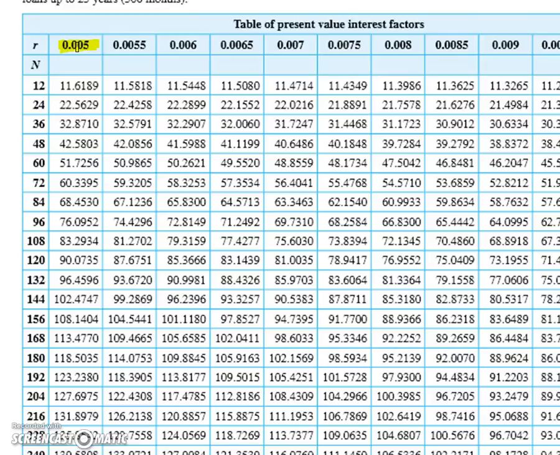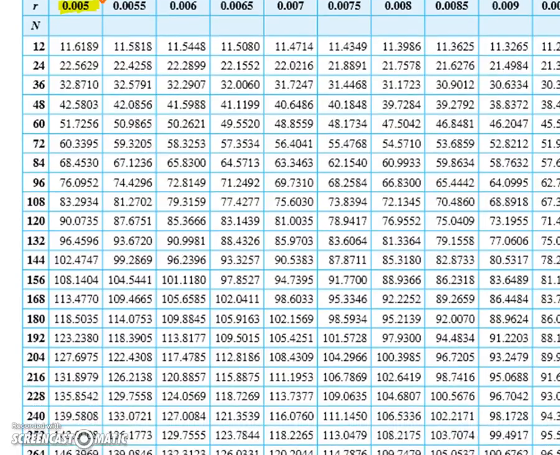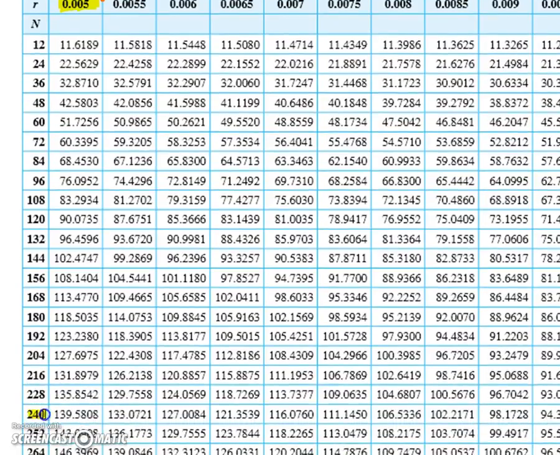That's the percent, or the rate, because remember it's 0.5 as a percent, so you've got to divide that by 100, which will give you 0.005. Sorry, my brain wasn't working. And we know it's over 240 months, so let's go down and find our 240, which is actually just here.